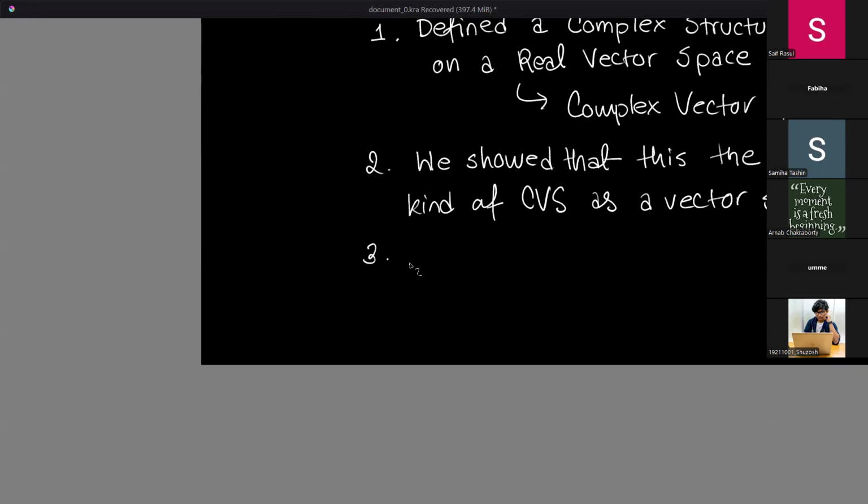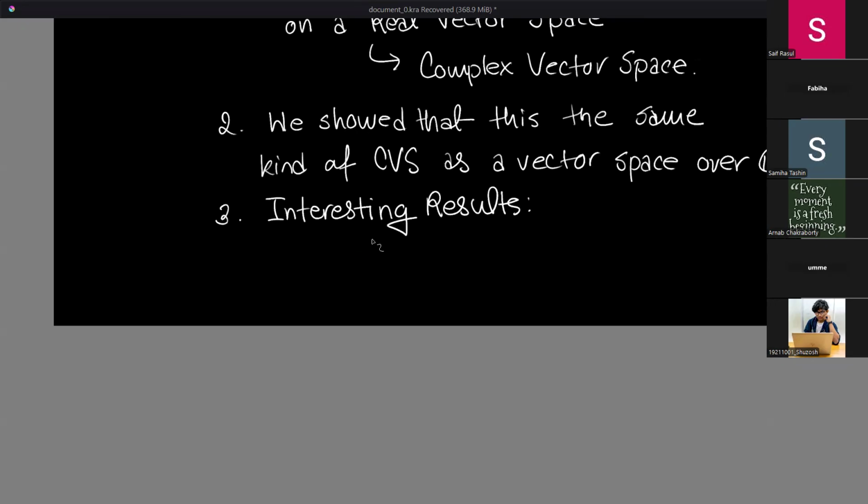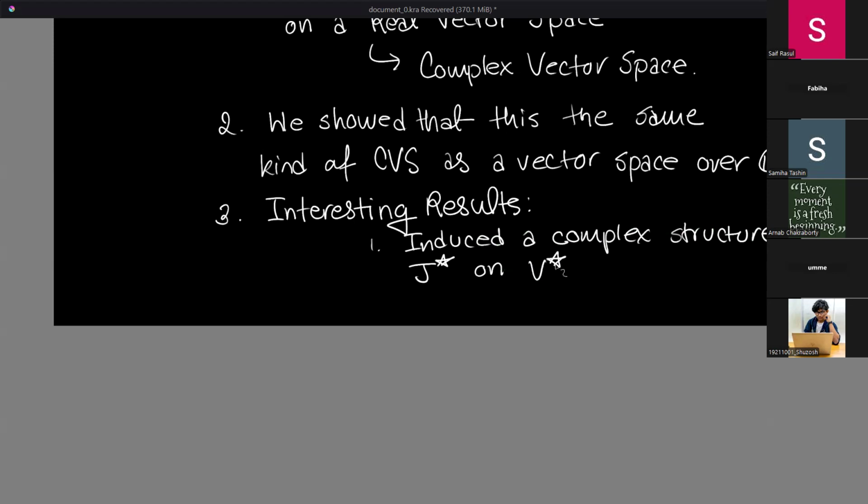Then we started looking at some of the interesting results on complex vector spaces and the complex structure. One is we induced a complex structure J star on V star.